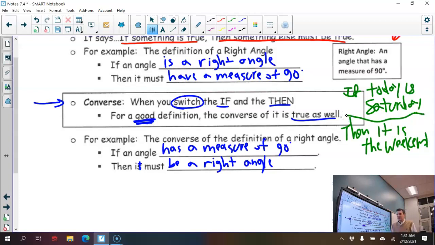Now that would not be true if I switched it, would it? If I switched that, called the converse, and I said, if it is the weekend, then today must be Saturday. Well, that would not necessarily be true because today might be Sunday, right? Switching the if and the then is not always true. But it is for a good definition.